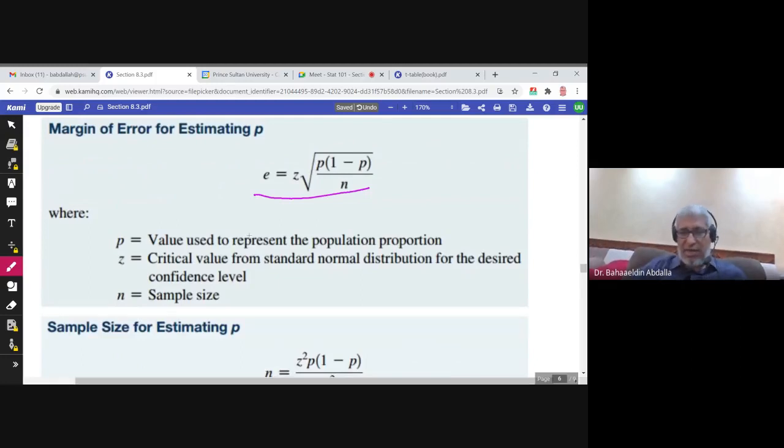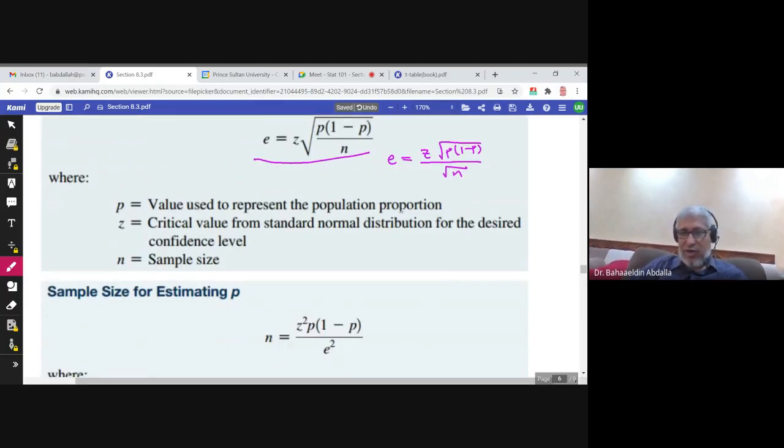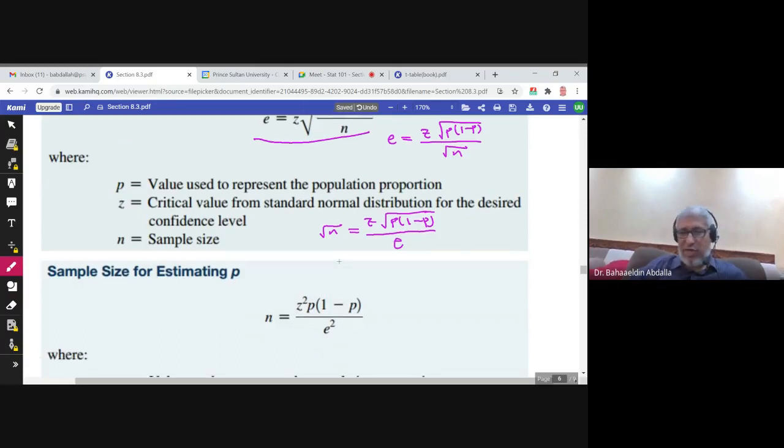Well, you can write this as E equals Z times the square root of P times 1 minus P over the square root of N. You can distribute the square roots, and then you can interchange the position of E and the square root of N. So the square root of N, because we need to find the sample size, is Z times the square root of P times 1 minus P over E. And then you raise to the power 2 to get N.